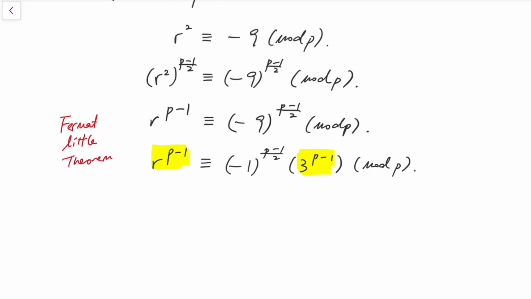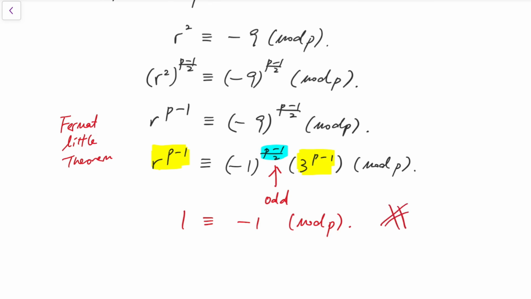However, for the term that's not highlighted, the index p minus 1 all divided by 2 is odd. And so minus 1 to an odd power is also minus 1. So we are actually having 1 congruent to minus 1 mod p. But that's not going to happen, of course.